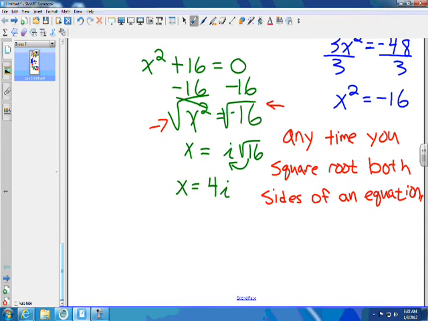Anytime you do that, it's always plus or minus. You always have to put a plus or minus in front of your answer. Because remember, you're always going to have two answers. You're either going to have two real numbers, or one double root, so it has to count twice, or you're going to have these imaginary numbers. So all that means is when you take the square root of both sides, you've got to have plus or minus right out here in front of your problem.